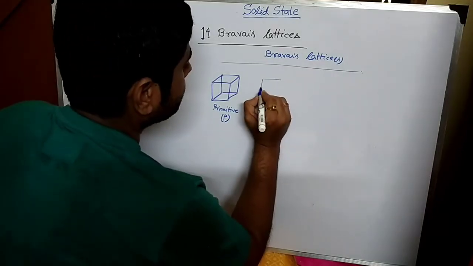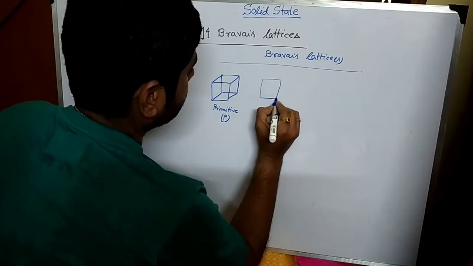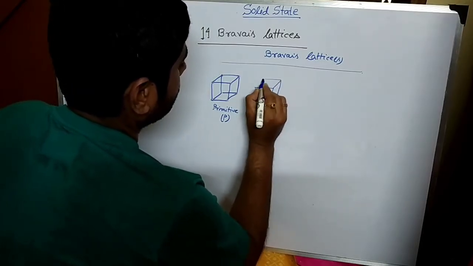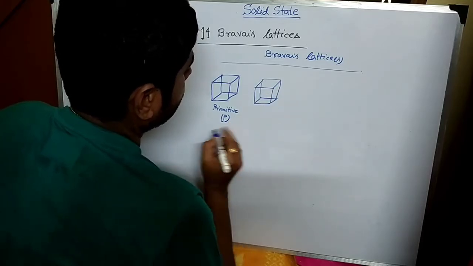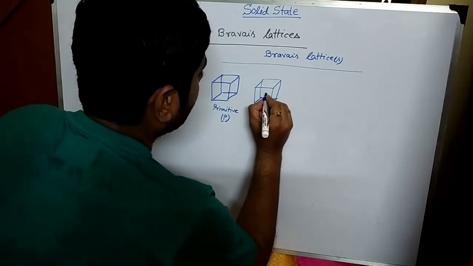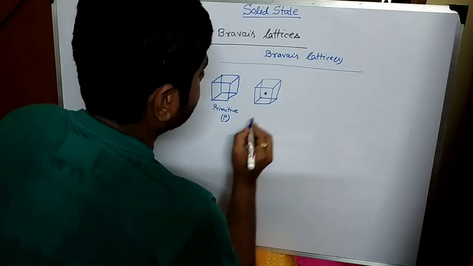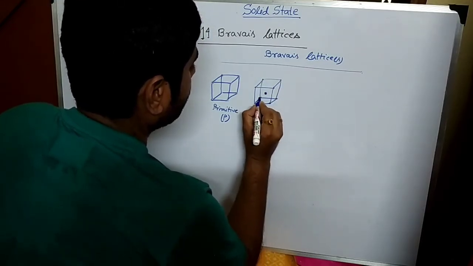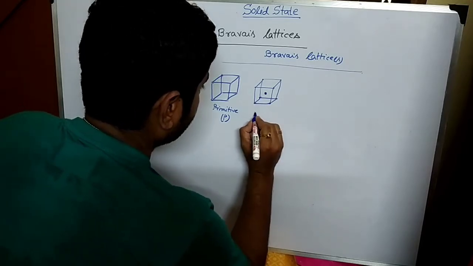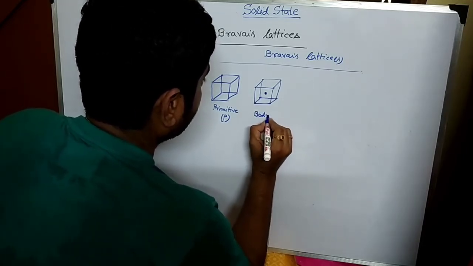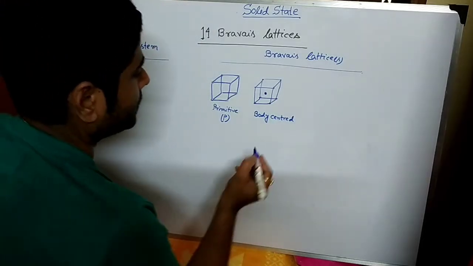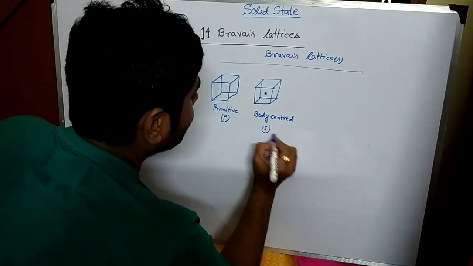Second category is body centered. Body centered will be designated by I.